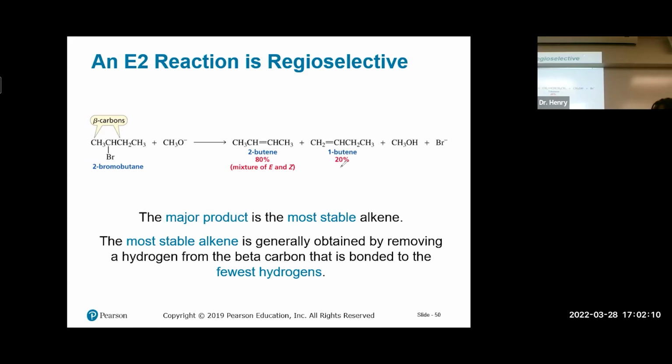So we're going to form both products, right? So we're going to end up with 80% 2-butene, and then we're going to end up with 20% 1-butene. Okay, so 2-butene would be occurring here at the second carbon. So that's going to be the one that's a little more favored. And then this one is going to be less favored, and we're going to end up with 20% of that.